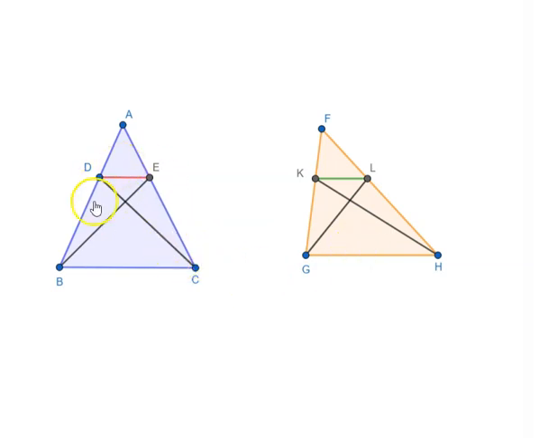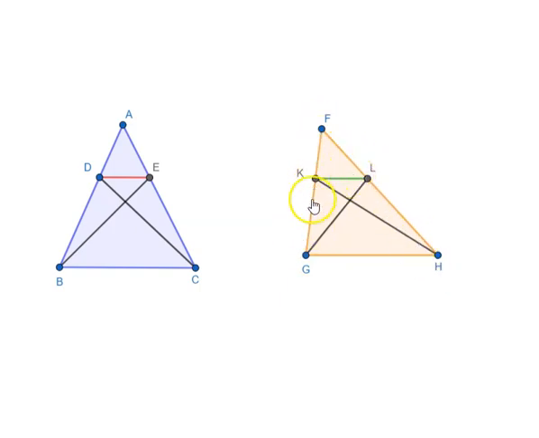The only thing is, in the first case we started off by saying DE is parallel to BC. Here we start off by saying FK is to KG as FL is to LH, and we try to prove that these two lines are parallel. So let's see. We are given that FK is to KG as FL is to LH.